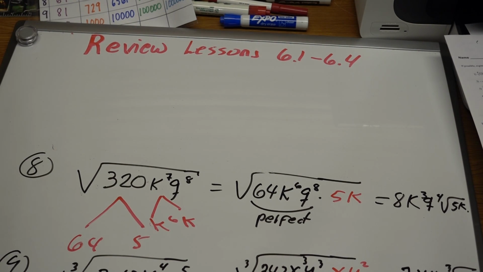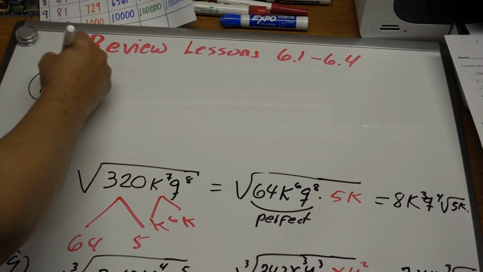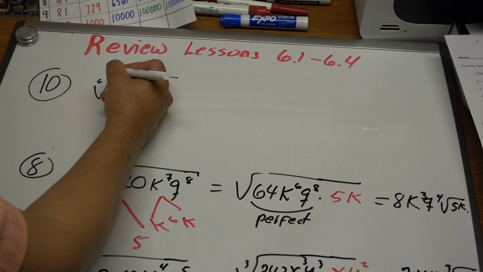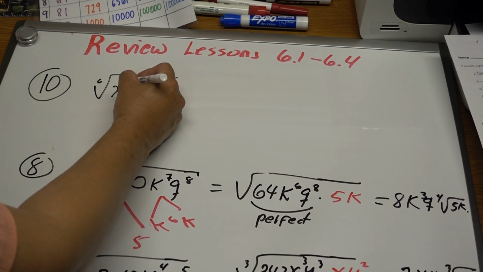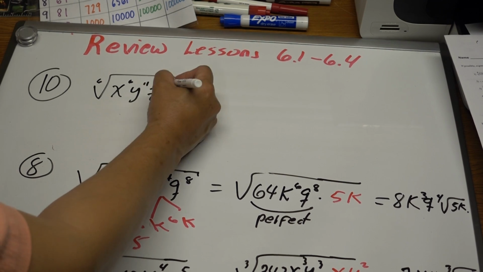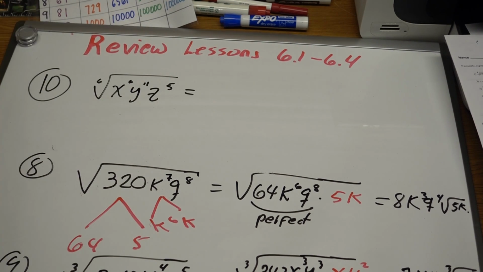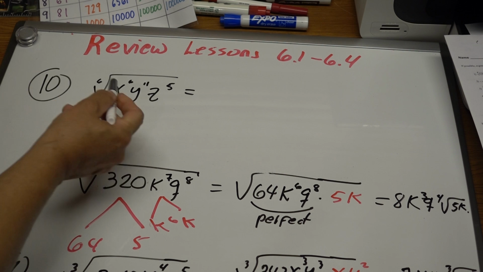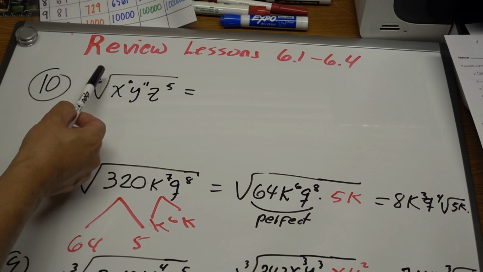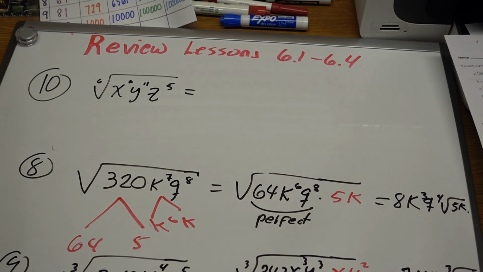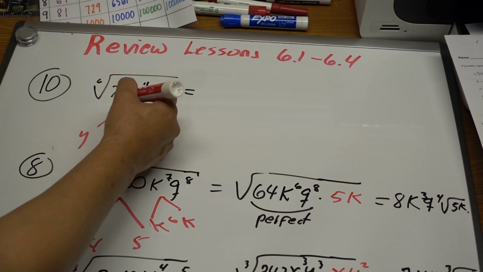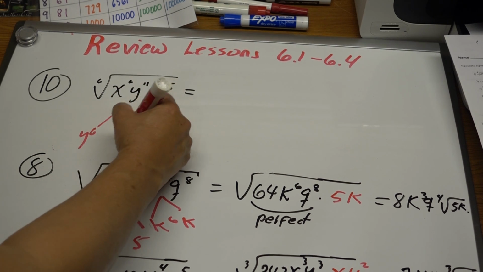Number 10 is the 6th root of x to the 6th power, y to the 11th, and z to the 5th. We don't have any coefficient here, so we don't have to worry about that. 6 over 6 is 1. 11 over 6 doesn't go evenly, so I'm going to break down y as y to the 6th times y to the 5th power.